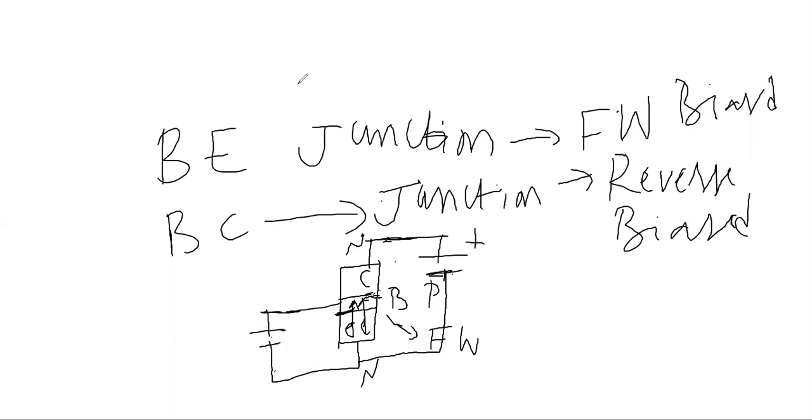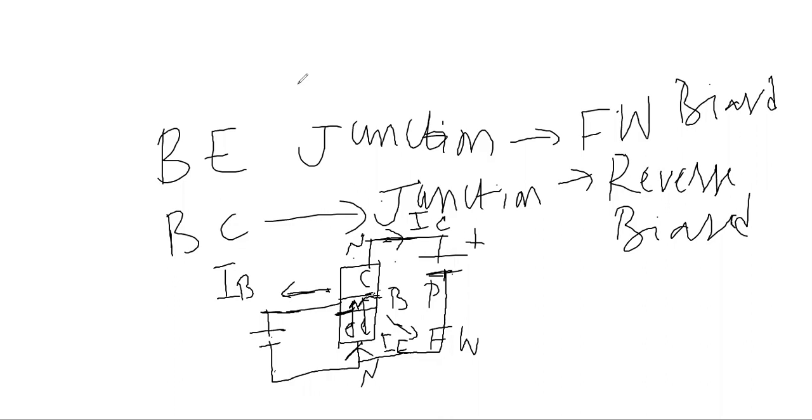A few electrons come to the base terminal, and these make up a current known as IB, the base current. The current that the emitter makes is known as IE, and the current that the collector collects is known as collector current IC.